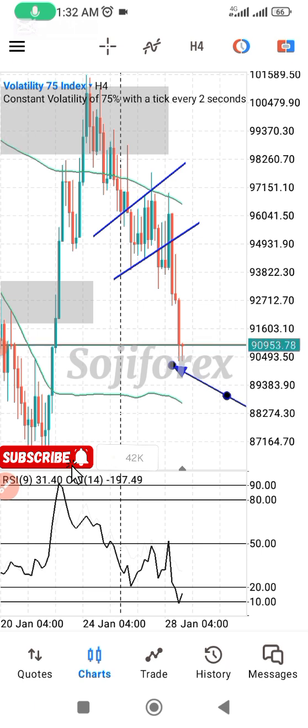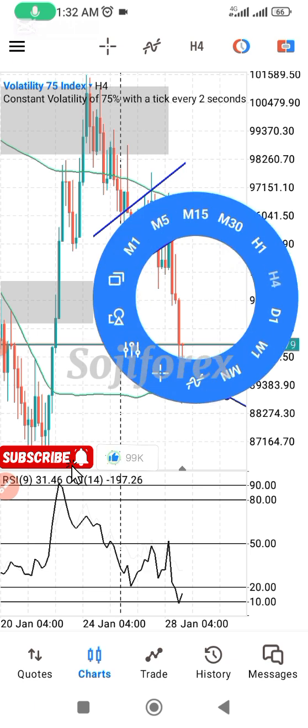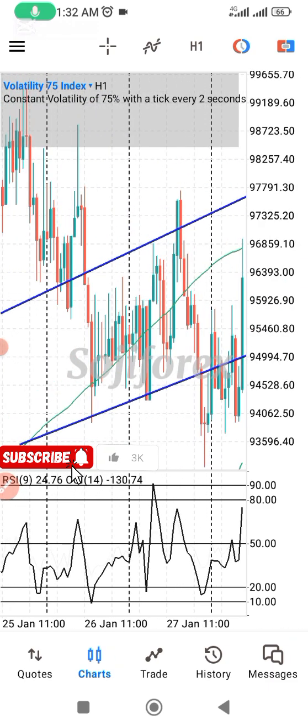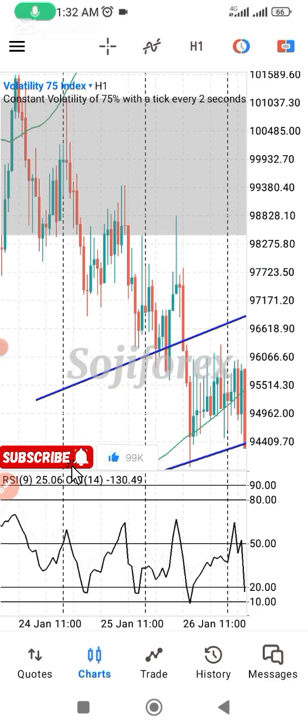So this is one of the easiest ways you can enjoy your trading. Avoid anticipating reversal. Avoid going against the trend, because if you continue anticipating reversal, this price will continue to take you out repeatedly.